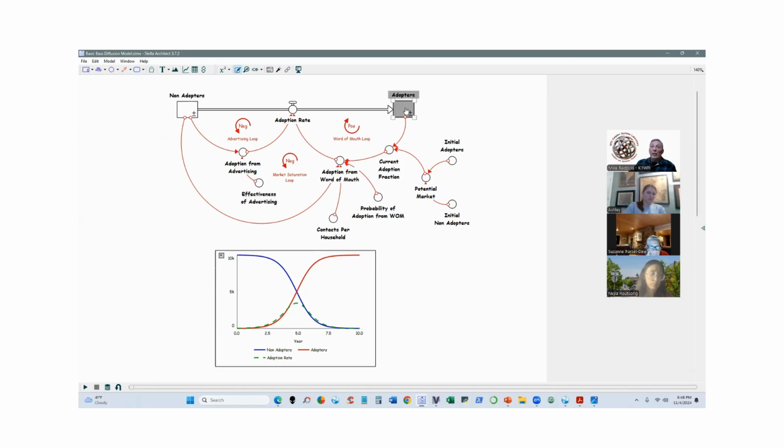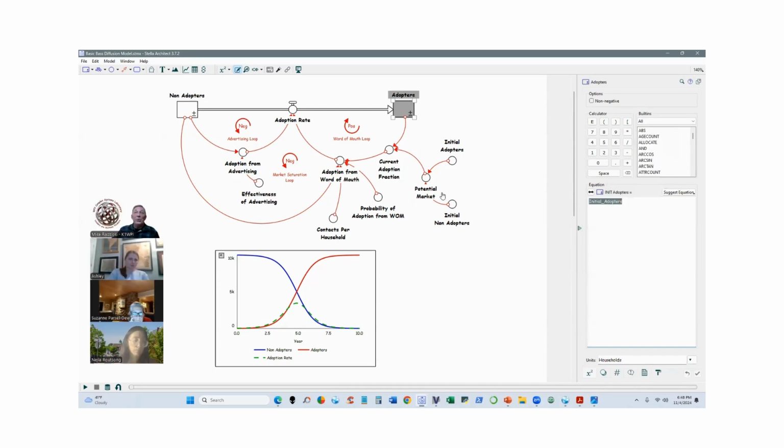And so the number of initial adopters here is 0. Potential market is the adopters plus the non-adopters. And the initial non-adopters is 10,000, okay?